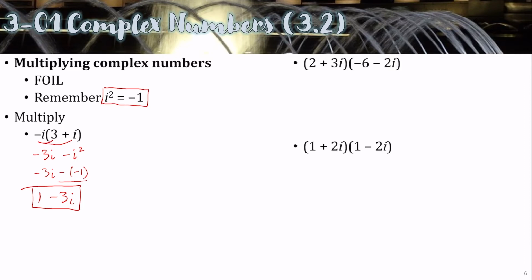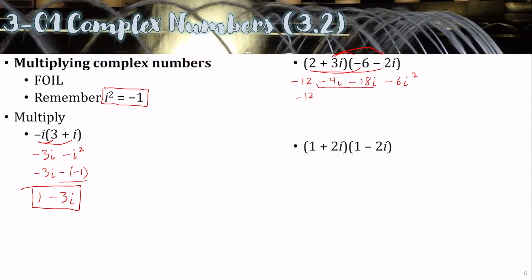Let's try a couple more. 2 times -6. 2 times -2i. 3i times -6, and then 3i times -2i would be -6i squared.